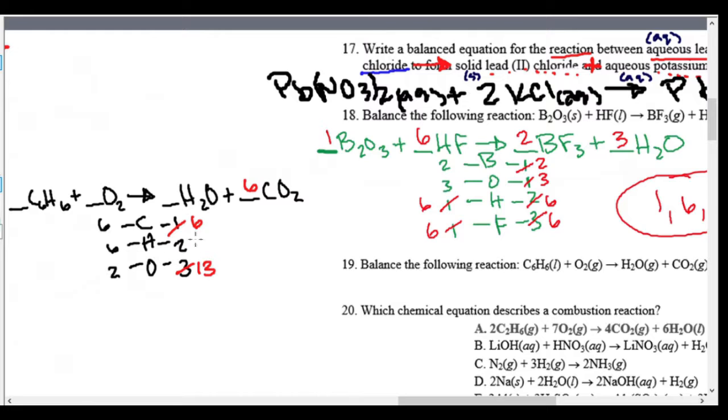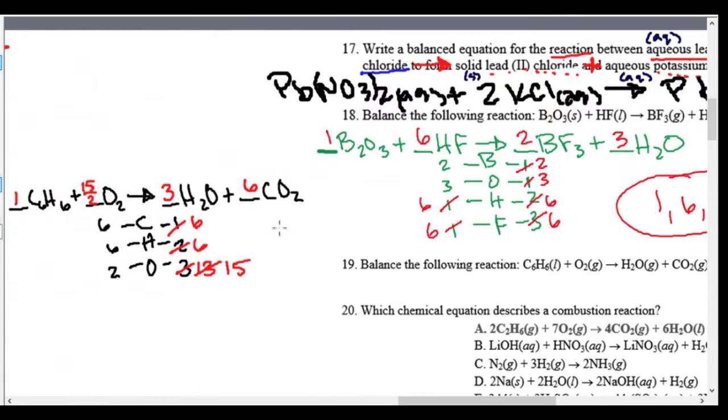So we need 6 hydrogen, so we're going to drop a 3 right there. That turns that into 6, and this into 15, right? It's 12, 13, 14, 15. Okay, so this is going to remain unchanged for now. And it looks like for our oxygen, we need 15 total, so 15 over 2.